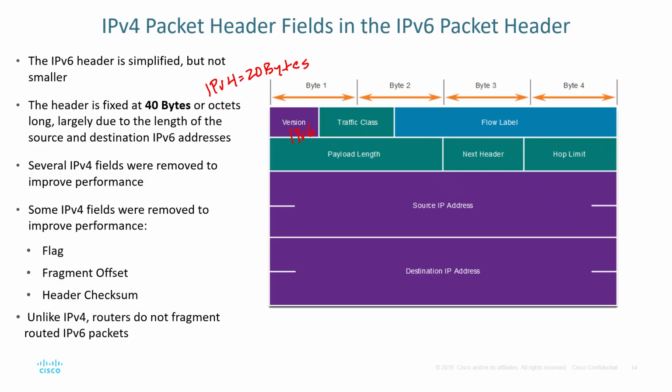But the version is going to be IPv6, and then your source, which is your IPv6 address, and then your destination, which is your IPv6 address, of the sending device and the receiving device.